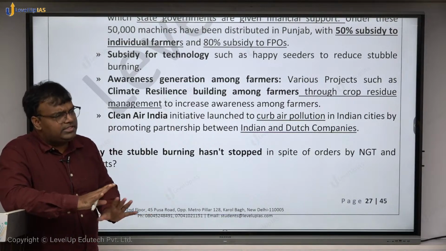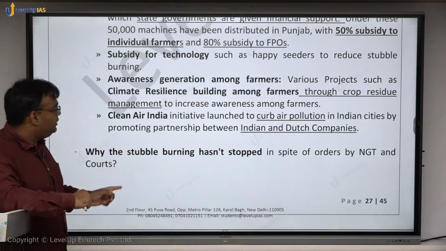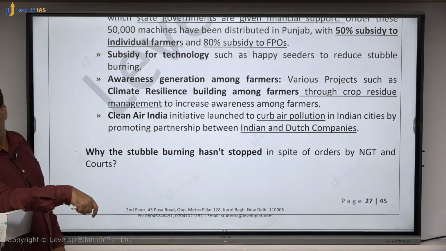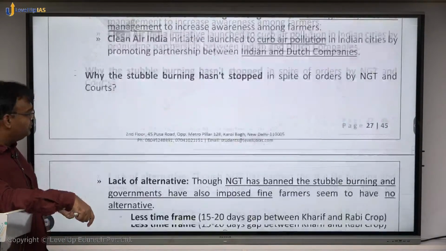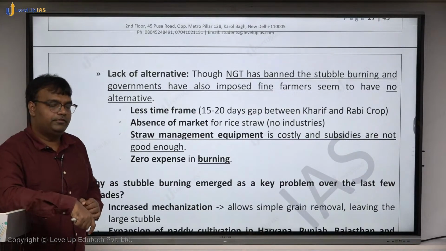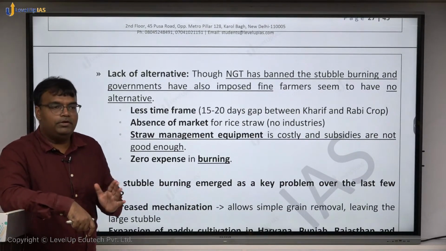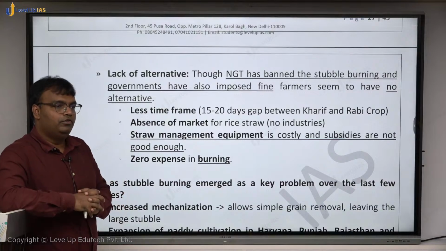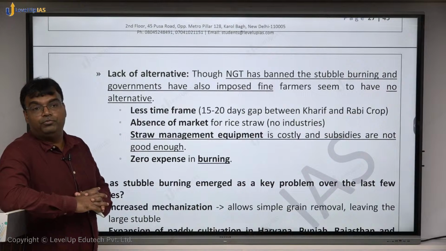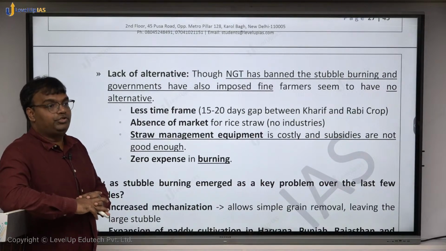So certain steps have been taken, but stubble burning hasn't. Has it stopped? No, it hasn't stopped. Why has it not stopped? Because farmers do not have alternative. Stubble burning is the only solution that they have for various reasons. Why are they violating Supreme Court judgment, NGT judgment, executive orders?